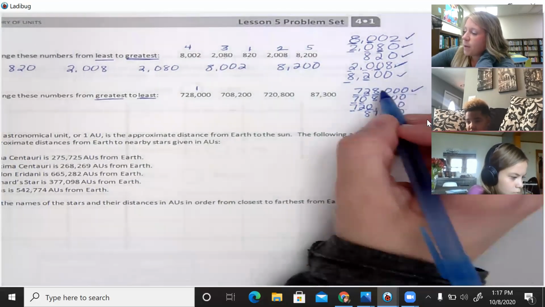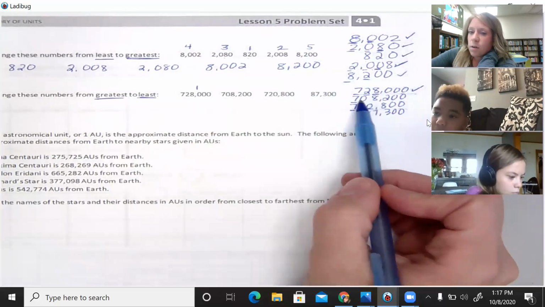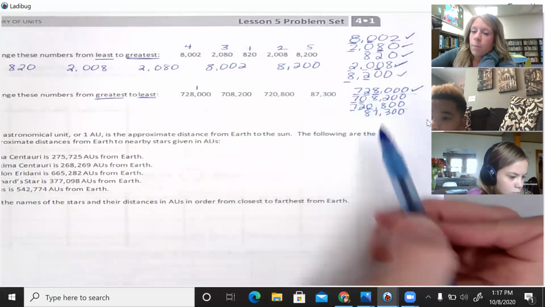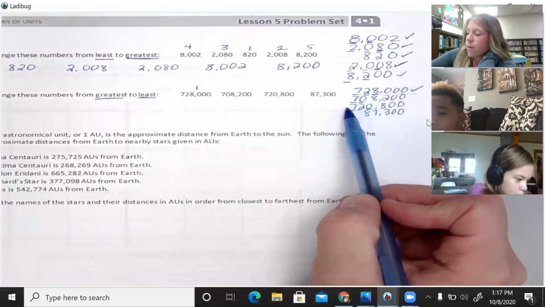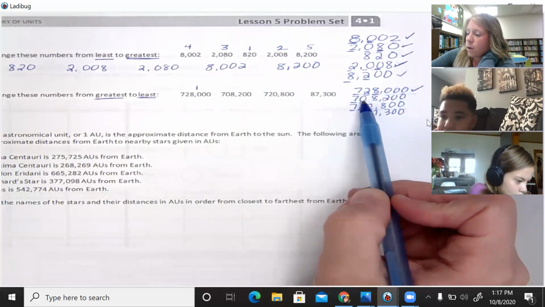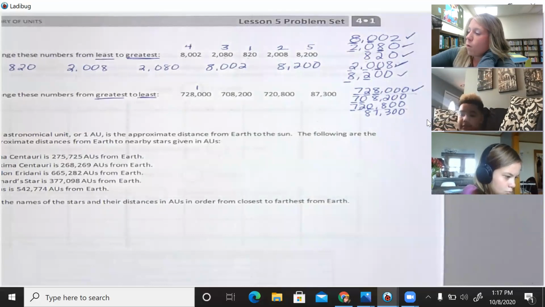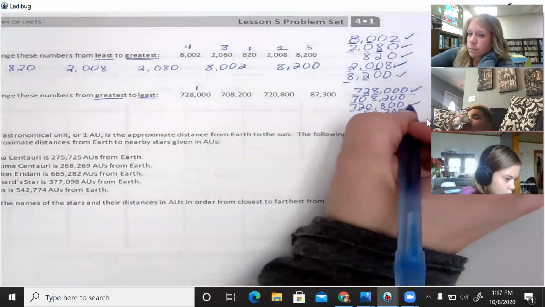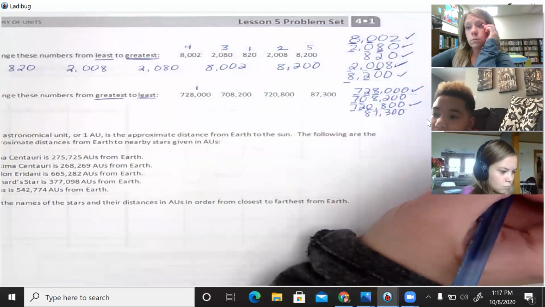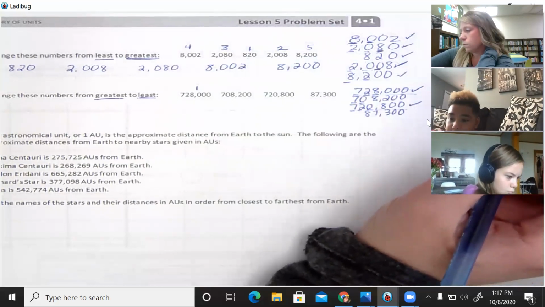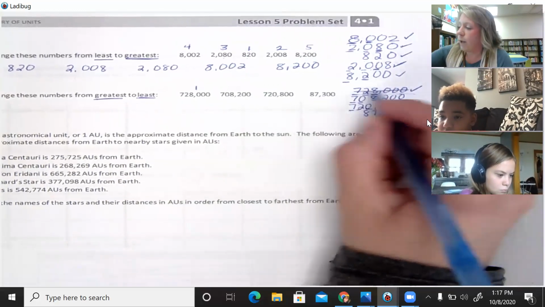Okay, Trace, I've eliminated this top number. Now, I still have 2 numbers in my 100,000s place. Since these 7s are the same, if I move to my 10,000s, what's bigger, 0 or 2? 2. So what would be my second largest number, Trace? No, we already eliminated that one, it's gone.